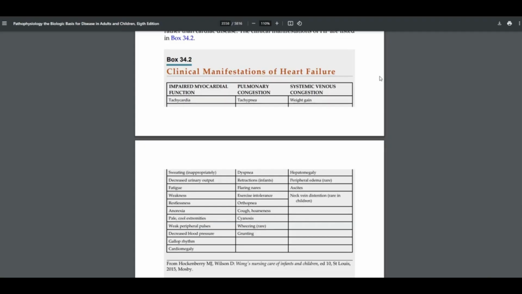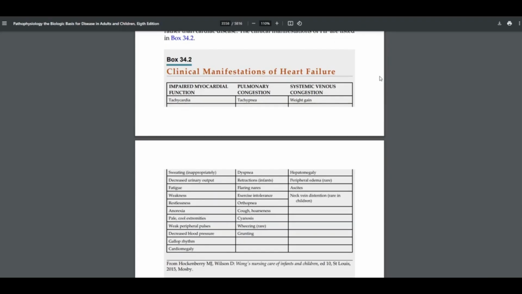Impaired myocardial function is weakness. It may show exercise intolerance in our pulmonary congestion, and we may see some neck vein distension. The same goes if we have restlessness. We, however, may have orthopnea, but still the neck vein distension. If our cardiac malfunction is anorexia, they may have a continuous cough or hoarseness.